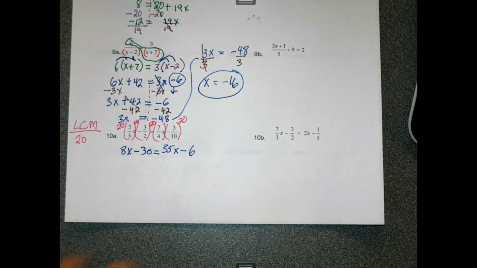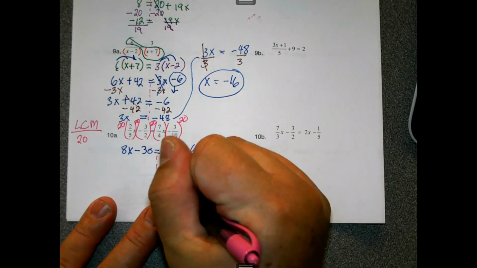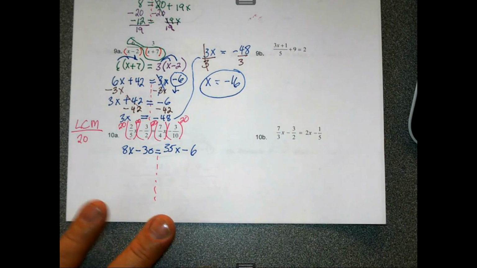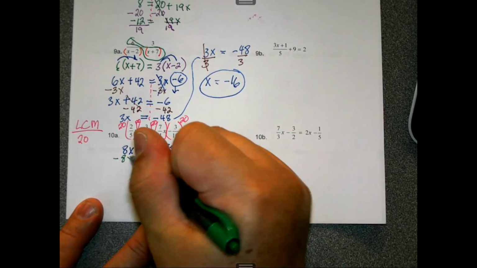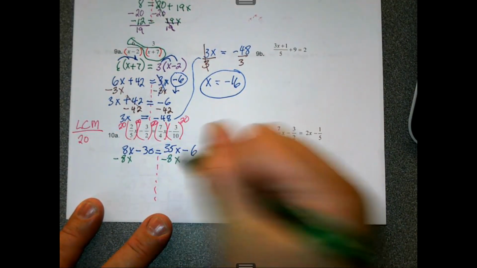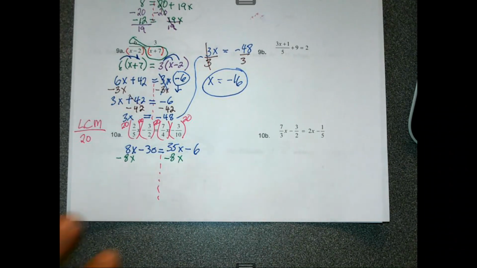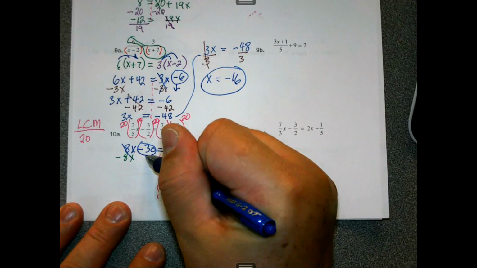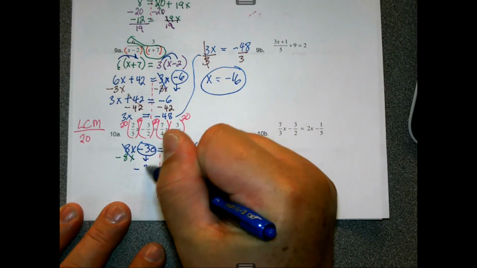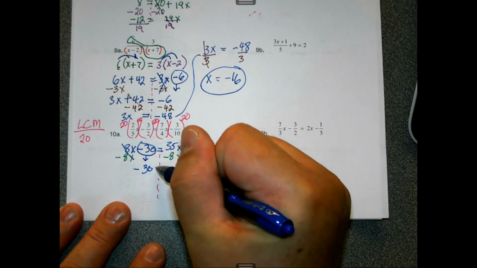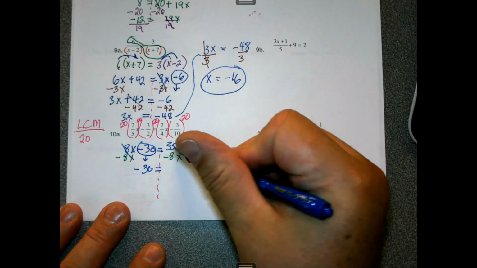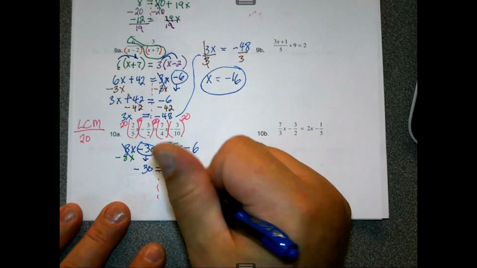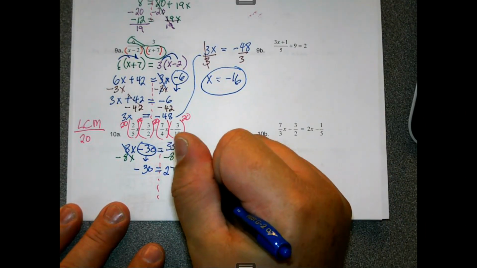Okay, I'm going to subtract 8x from both sides. I'm going to bring that minus 30 down, equals 35x minus 8x, 27x.